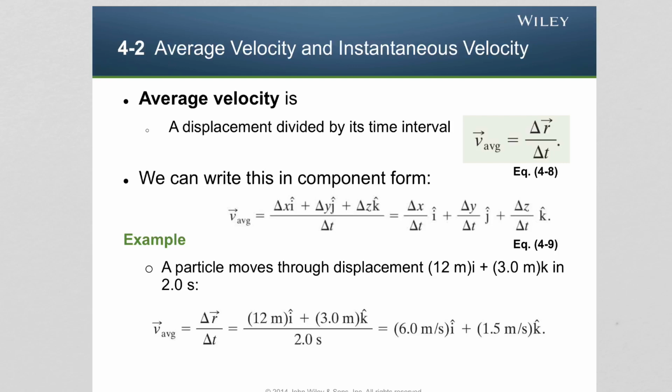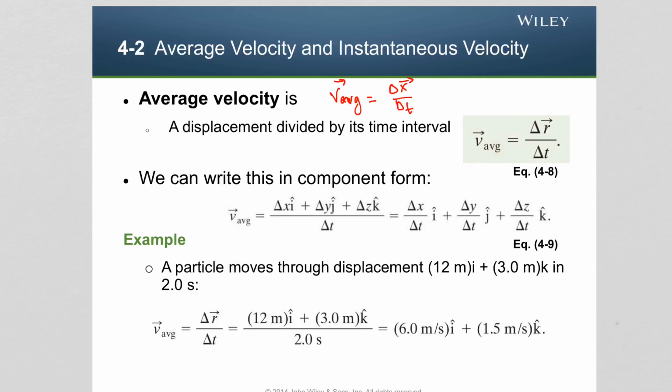So as a reminder, the average velocity in 1 dimension was defined as the displacement divided by the elapsed time. And so here we just expand the definition to include a 3-dimensional displacement.